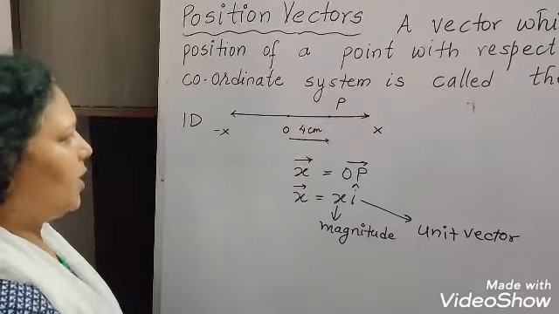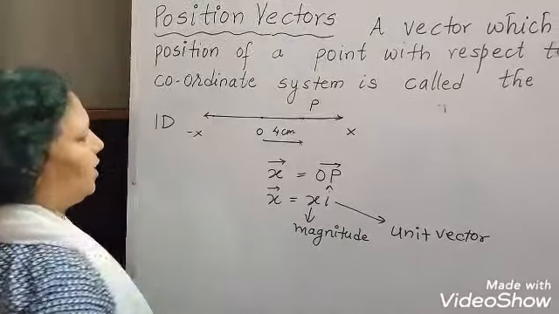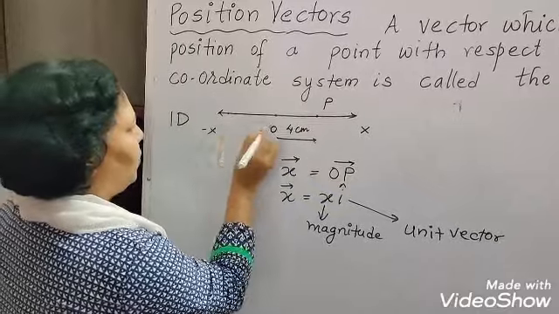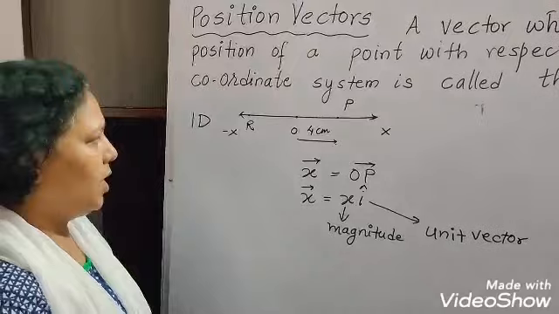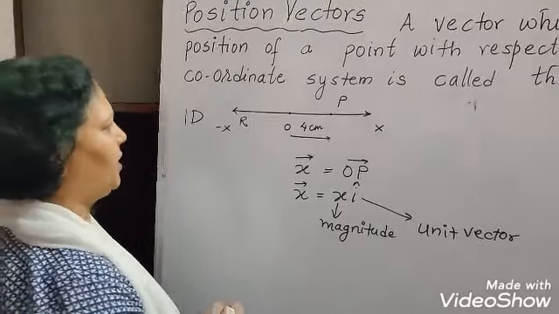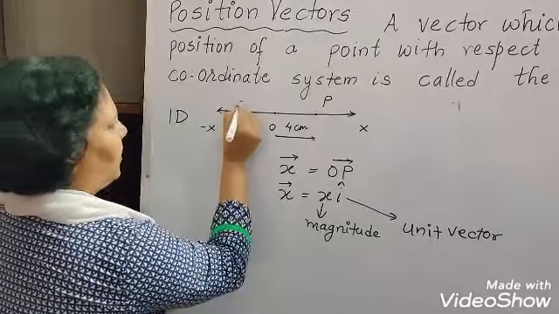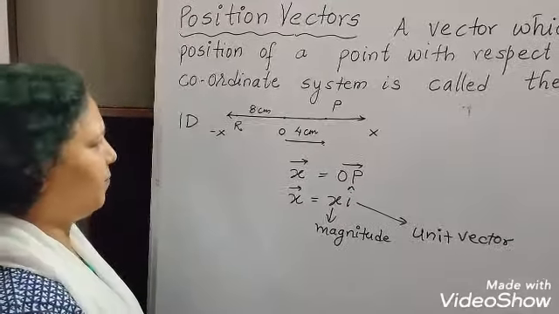Now suppose another vector I am representing here, O to R, and suppose the length is equal to 8 centimeter.